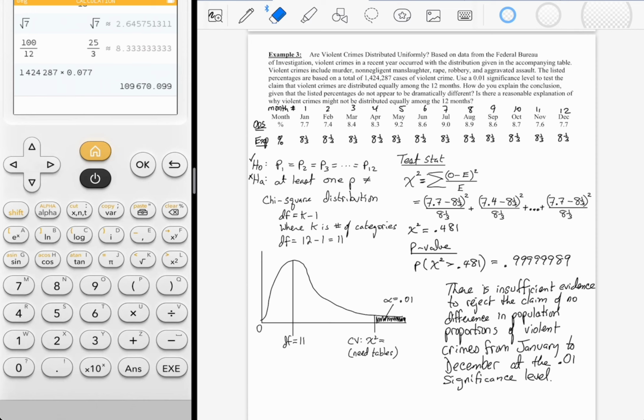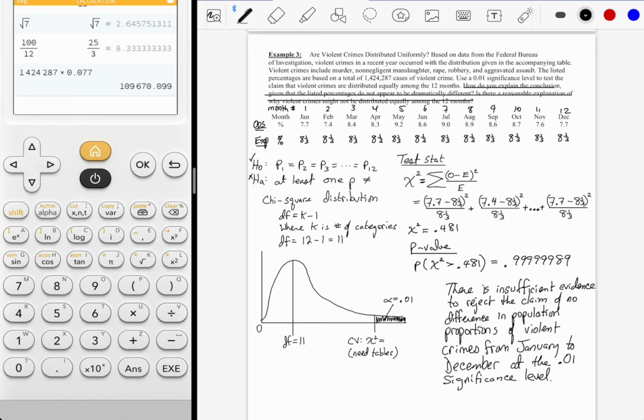But I'm not going to do a follow-up sentence here because my follow-up questions don't make any sense. So I'm just going to say verbally, I'm not going to write this, that this is telling us that we're not seeing a difference in violent crime rate throughout the year.